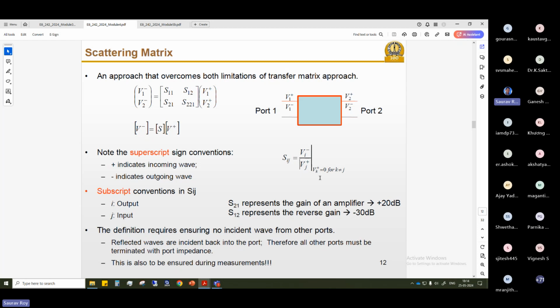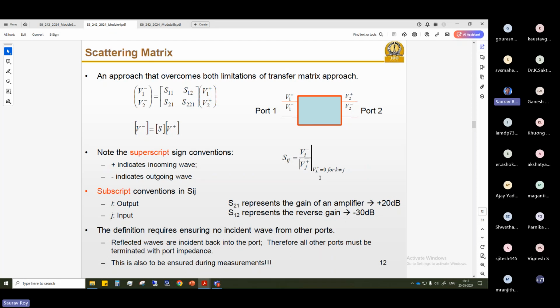In that network, S21 means if you give some voltage at port 1, what is the reflected voltage you get at port 2? If all the other ports in the network are matched, then only will you get V plus equals 0.